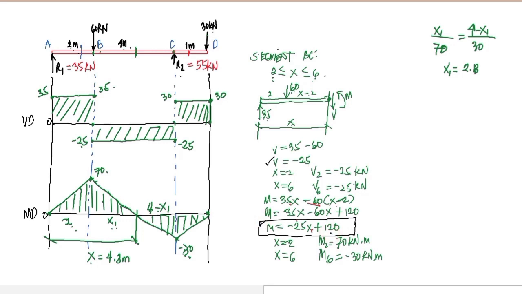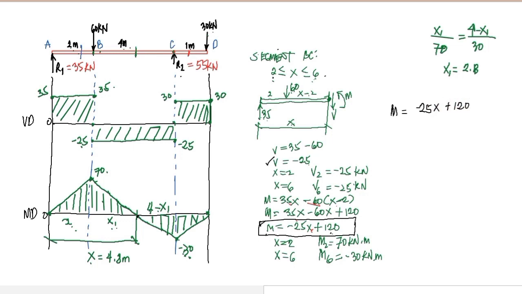Since yung zero moment natin can be found at segment BC, yung moment equation ng BC yung gagamitin natin in order for us to determine this value of x here.